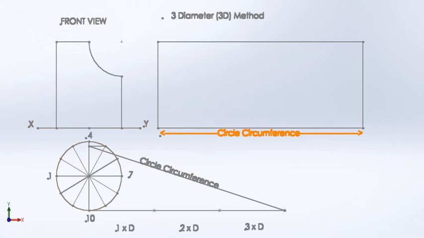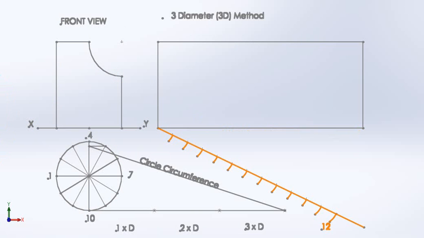The next step that I'm going to have to show you guys is the fact that this is the circle circumference. We'd typically have to go ahead and draw a line. This line here is at any angle.